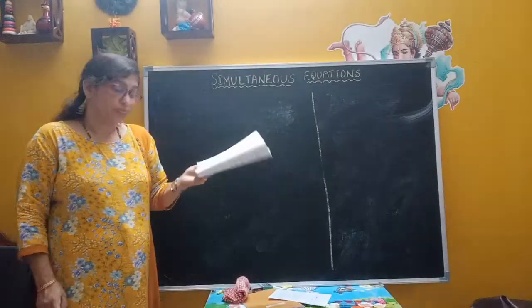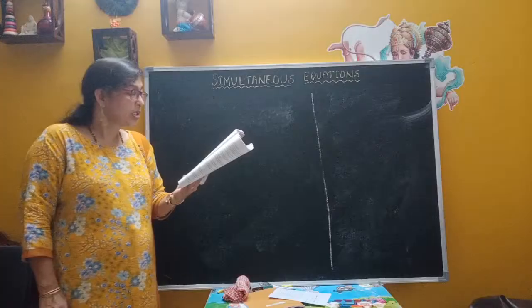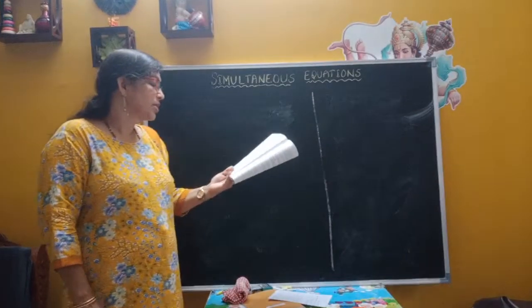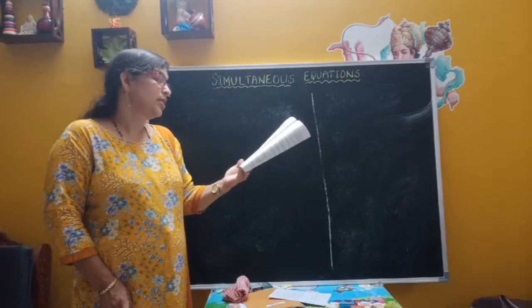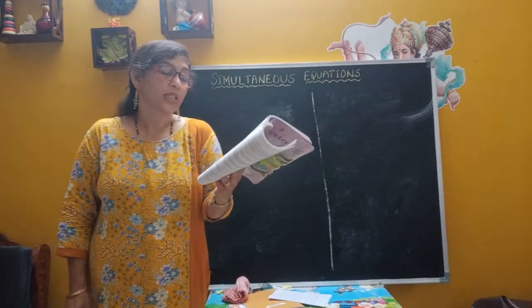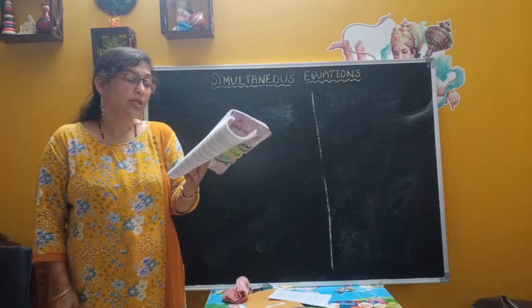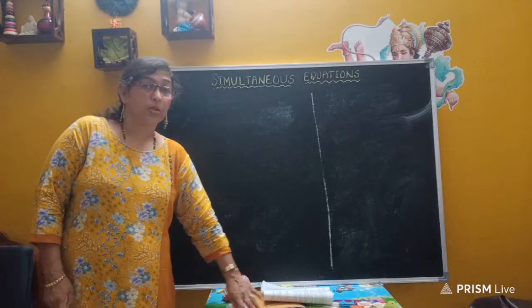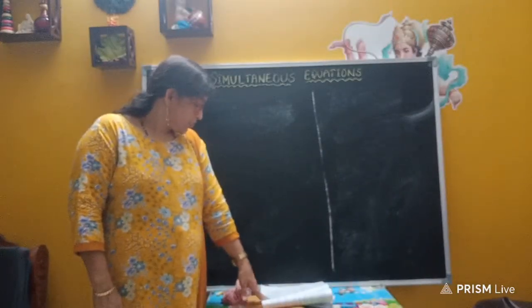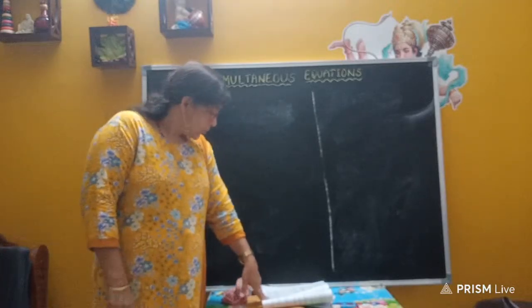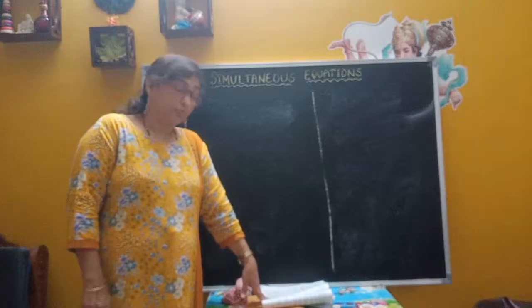The question is: the difference between two numbers is 26 and one number is 3 times the other. Find them. You have to find both the numbers. So let us do this problem. I hope you have the textbook. This is third main first problem.